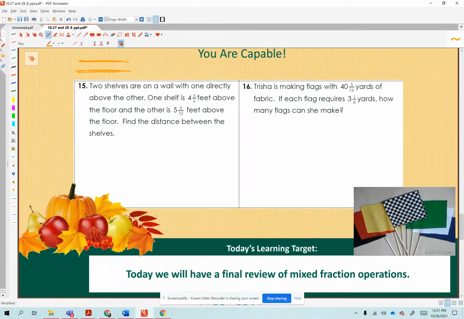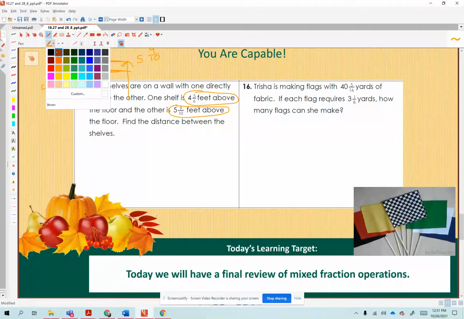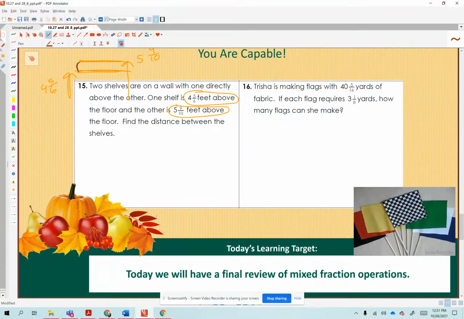One shelf is 4 5/6 feet above the floor. The second shelf, the other shelf, is 5 9/10 feet above the floor. And they want us to find the distance between the shelves.